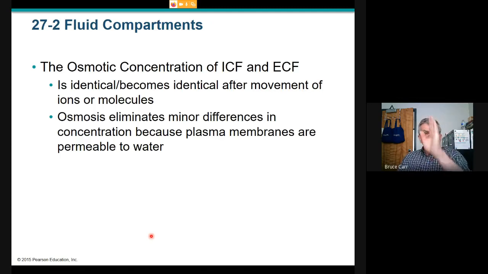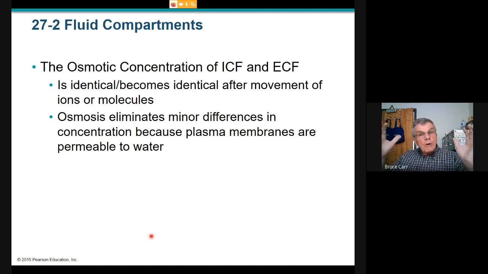So if you have a membrane right here in the middle of your picture with two sides, and you're going to have to move water across that membrane. If the total solute concentration on the two sides is the same, we call that isotonic. Water is moving left to right, but it's moving right to left at the same concentration, at the same speed. So those cells would have a stable size.